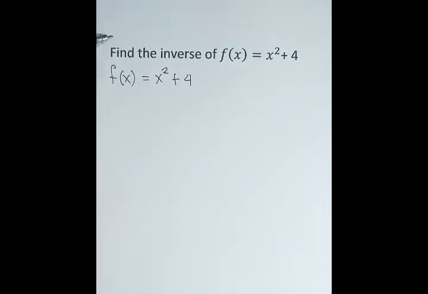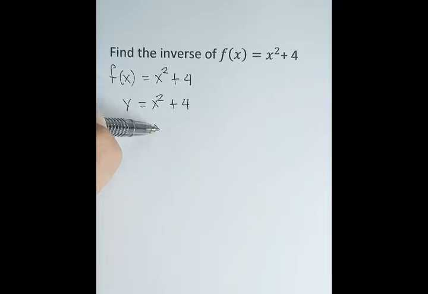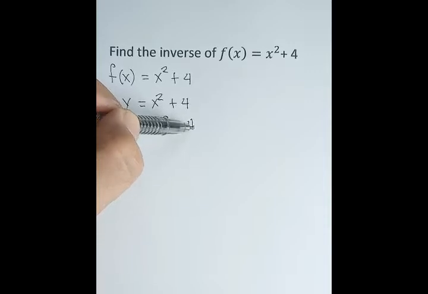Then ato na siyang replace og variable nga y equals x squared plus 4. And then swap places, mo swap ang y ug x. So instead of y, mahimo na siyang x. Then instead of x squared, mahimo na siyang y squared plus 4.